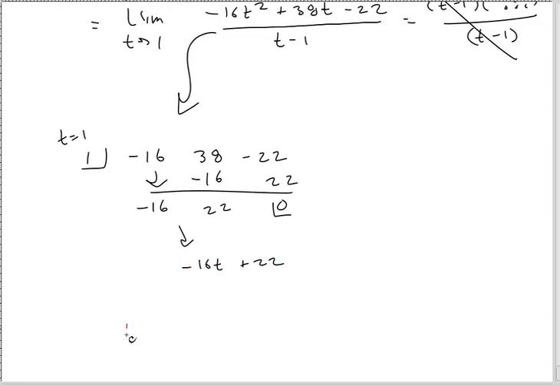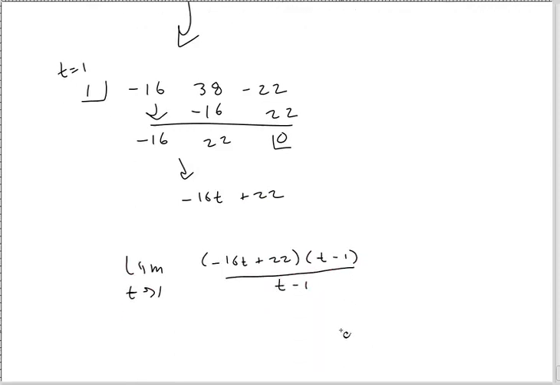So what's really going on here, let me just zoom out. My limit is now the negative 16t plus 22 times t minus 1, all divided by t minus 1. And so what happens is I cancel those, and then I actually plug in the 1. I apply that limit, and my answer should then be just a plain old 6.